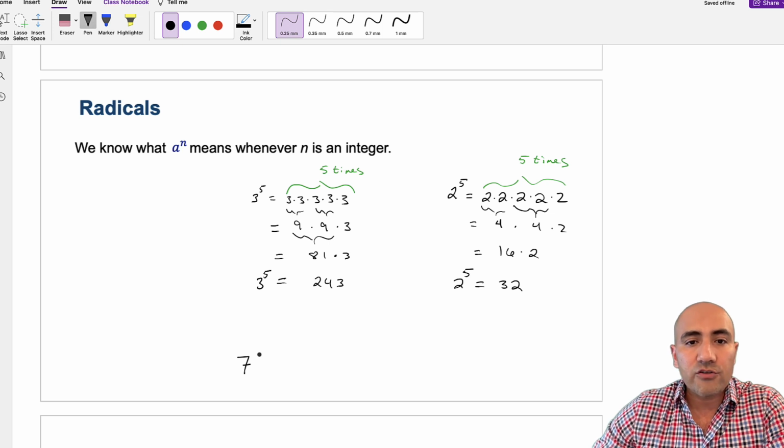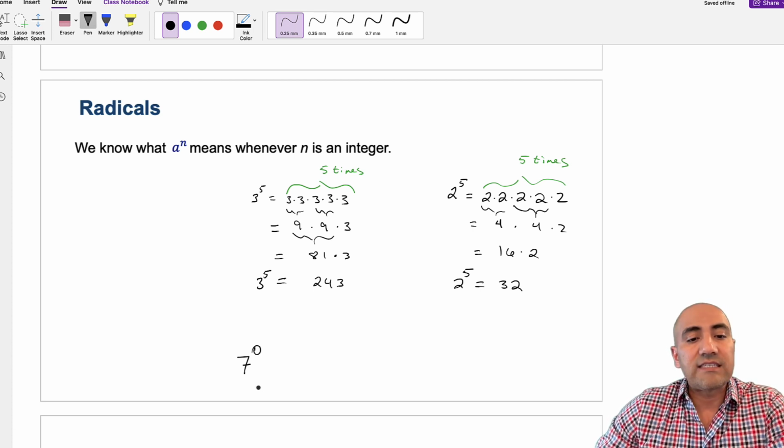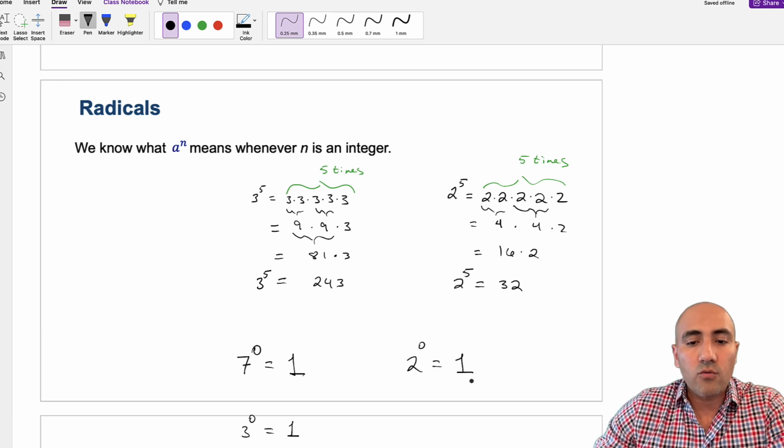Remember, integers are counting numbers, 1, 2, 3, 4, and so on and so forth. There's also 0. 7 to the power of 0 is by definition a 1. Any number raised to the power of 0 is a 1. So 3 to the power of 0 is also 1, and 2 to the power of 0 is also 1.